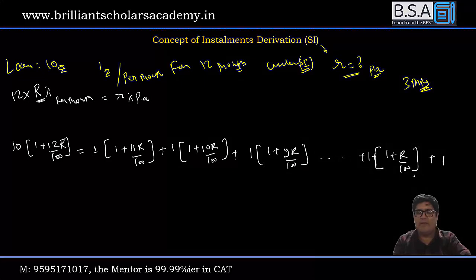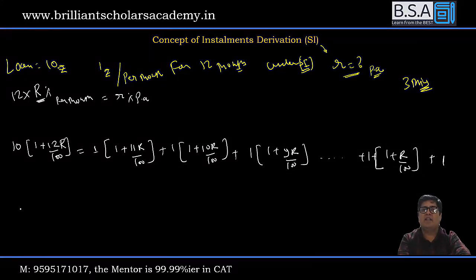It is 1 rupee. So on the left hand side, what do we have? 10 plus 120 R upon 100. I've just multiplied 10 inside. Now do you see? This is multiplied here, 1 rupee, 1 rupee, 1 rupee, 1 rupee, 1 rupee.